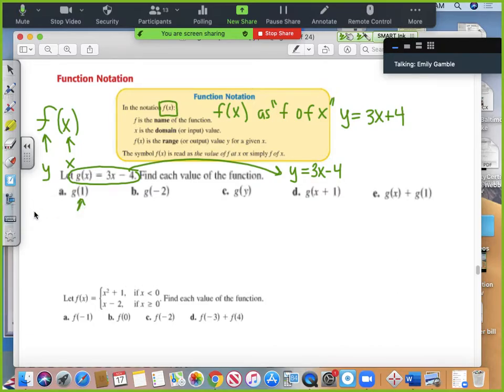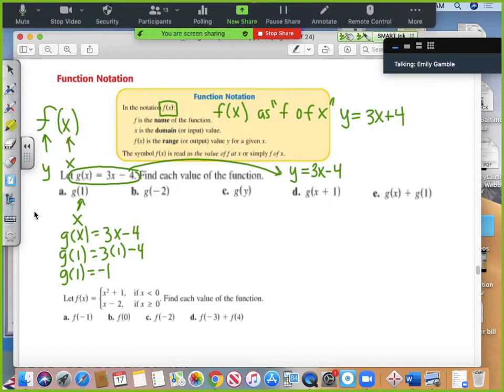Because 1 is in the x spot, that means take the function g of x equals 3x minus 4 and replace 1 in for x, which really means just take the equation, substitute 1 in, and solve. So 3 times 1 is 3. 3 minus 4 is negative 1. So the answer to this would be negative 1.